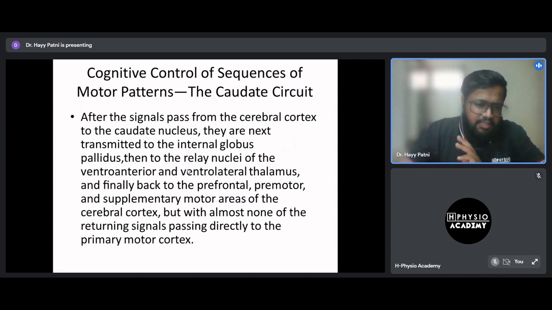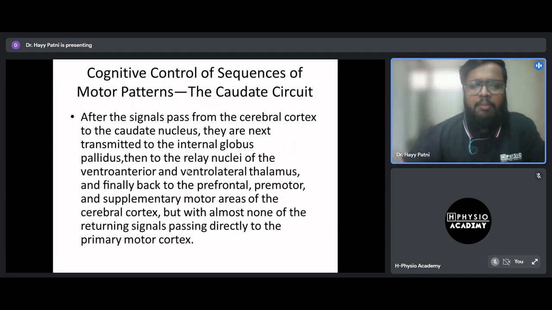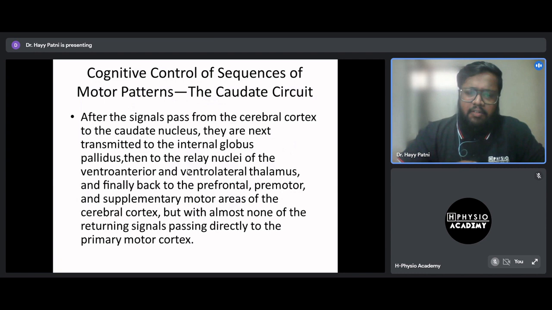Don't worry, I'll explain the complete circuit again, and we'll make it very easy. Then they go to the relay nuclei of the ventroanterior and ventrolateral thalamus, and finally back to the prefrontal, premotor, and supplemental motor areas of the cerebral cortex, but with almost none of the returning signals passing directly to the primary motor cortex.